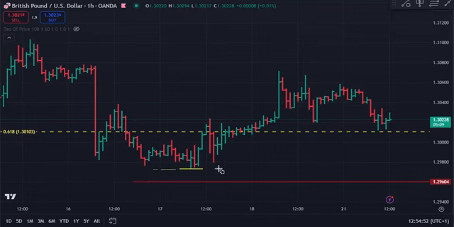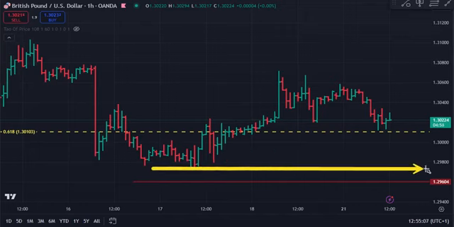Well, what Larry Williams used to do is he would say that if sterling dollar basically broke down through this low, maybe I used the 1, 2, 3s.